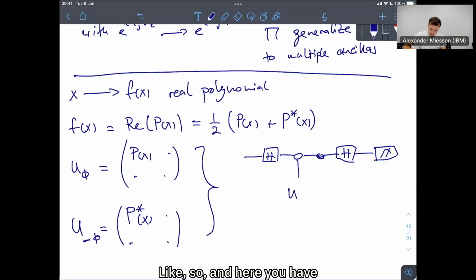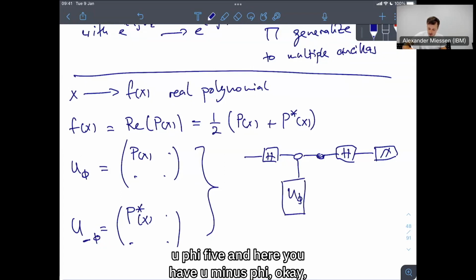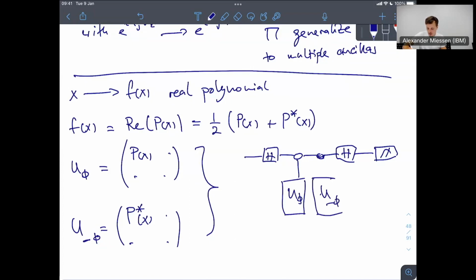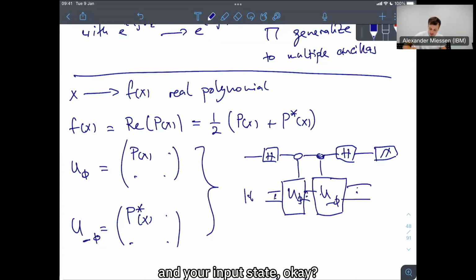Here you have u phi, and here you have u minus phi, and your input state.